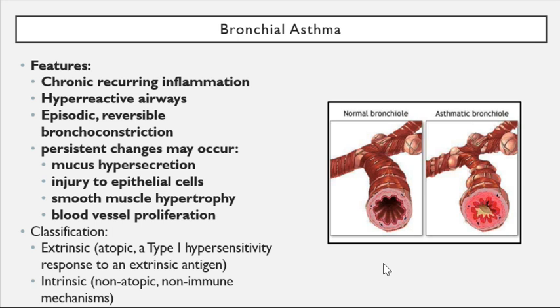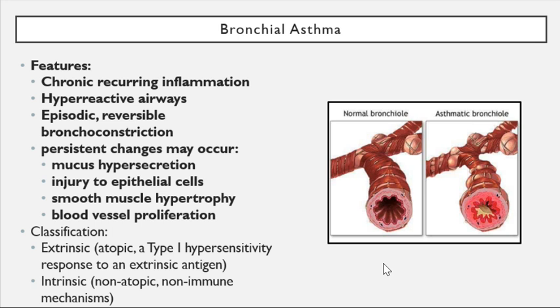It usually occurs because of inflammation, and you have hyperactive airways, episodic. Inflammation means it's becoming bigger because of an influx of cells and all these inflammatory mediators that are released by your immune system usually. Persistent changes may occur: mucus hypersecretion, injury to epithelial cells, smooth muscle hypertrophy, and blood vessel proliferation, if this occurs enough.